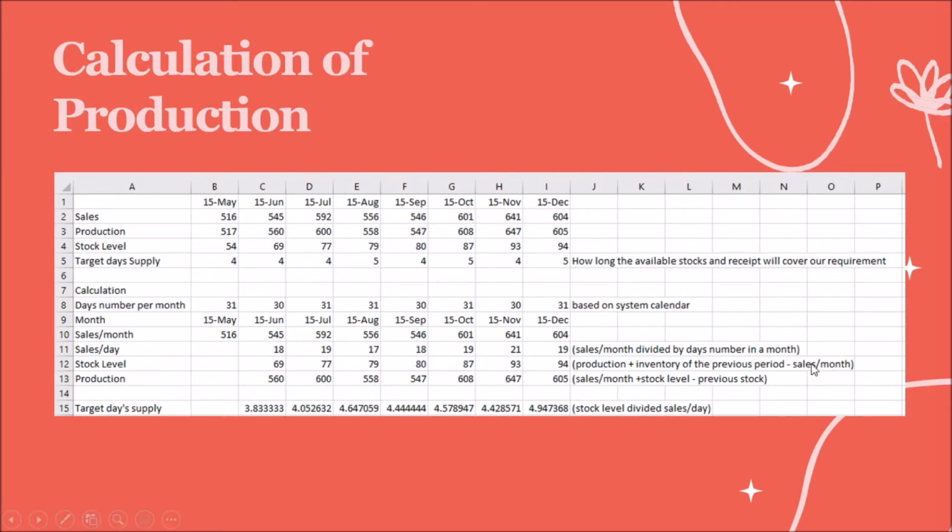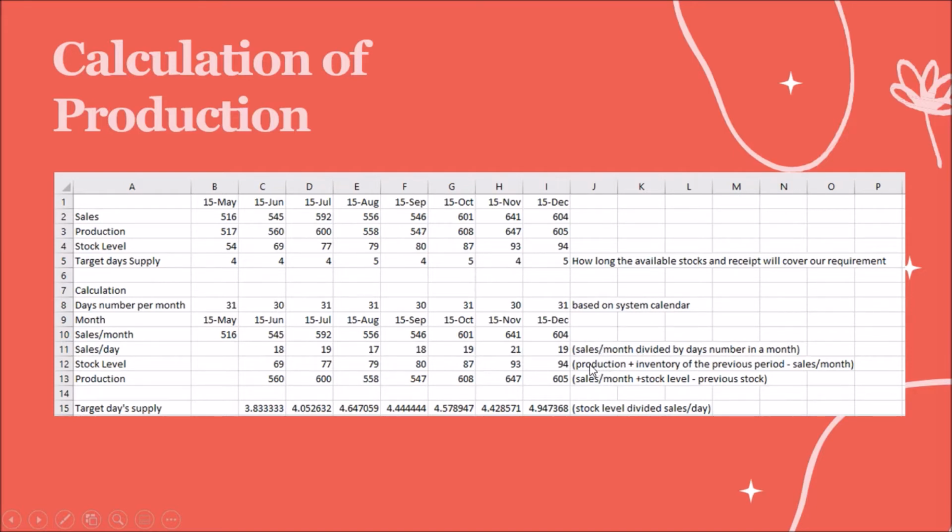And this is the targeted supply: how long the available stock and receipt will cover our requirement. It is based on calendar system, and the sales day is sales per month divided by sales days in the month.